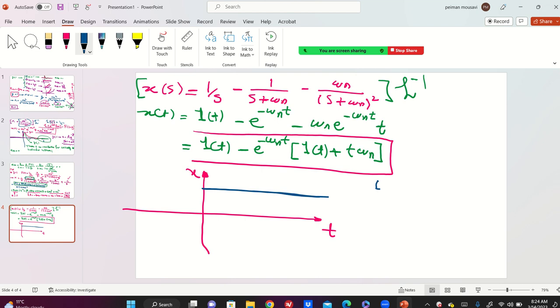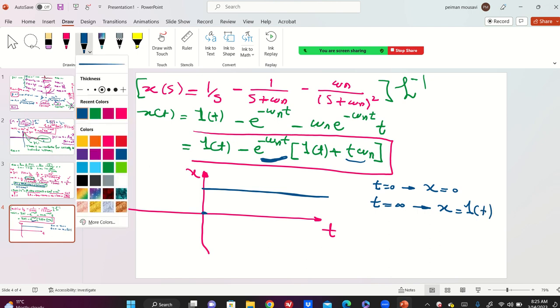At t equals 0, this is 0, this is going to be 1, 1 minus 1, 0. X is going to be this. At t infinity, this goes to 0, and x is going to be how much? 1. That's right. X is going to be a unit step.